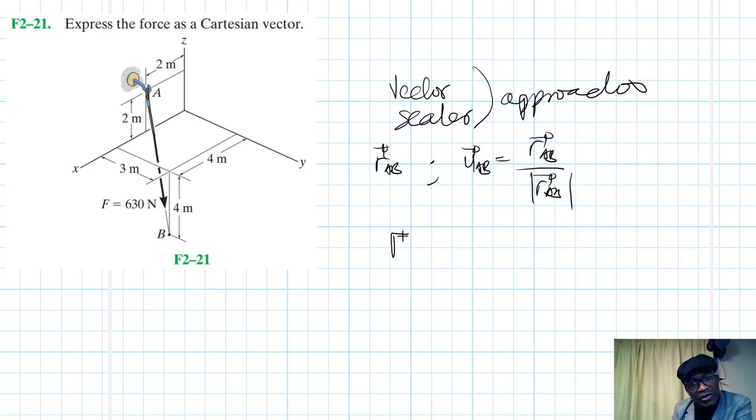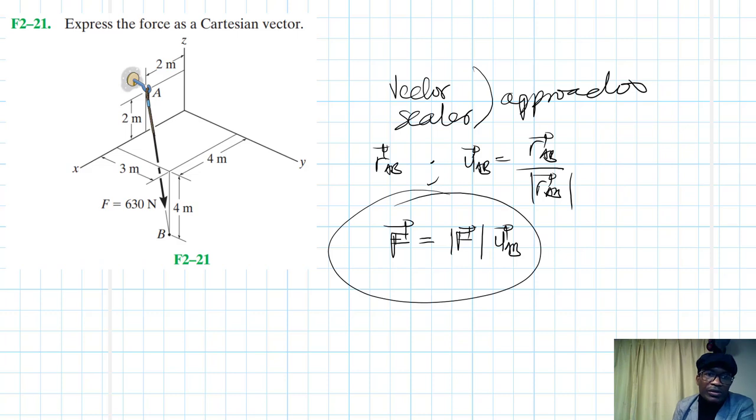And once we've done so, then we can have the force vector, which is just going to be equal to the unit vector times the actual force vector itself. Okay, so we'll be multiplying the force itself, this magnitude, times the unit vector AB. So we'll have done the conversion, right?